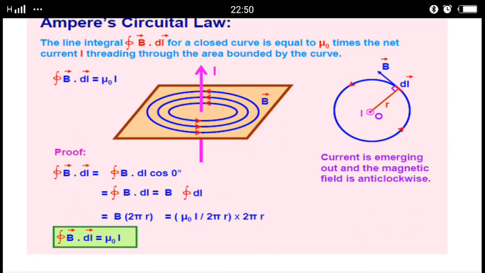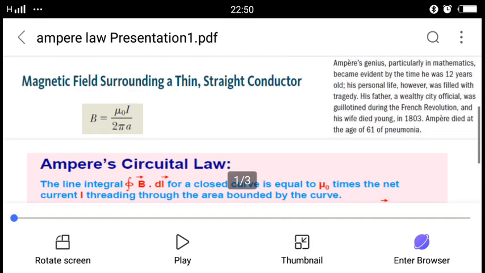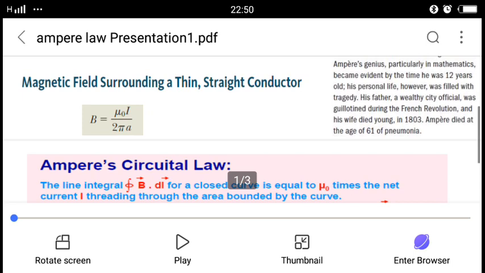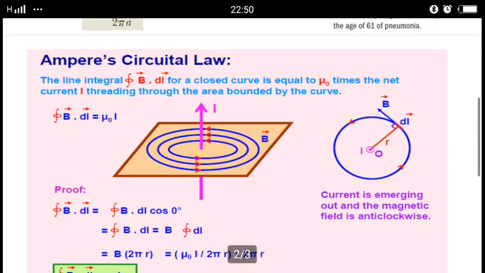The magnitude of the magnetic field due to the current carrying wire at a distance r is given by the formula B is equal to mu naught I upon 2 pi r. Here, instead of a, r is the radius of that loop. The lines of this magnetic field are in the form of concentric circles around the wire, as shown in the figure.